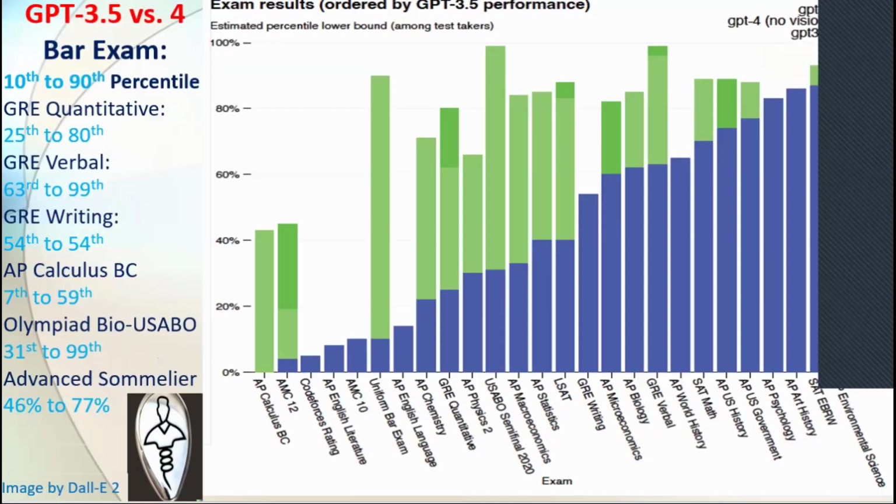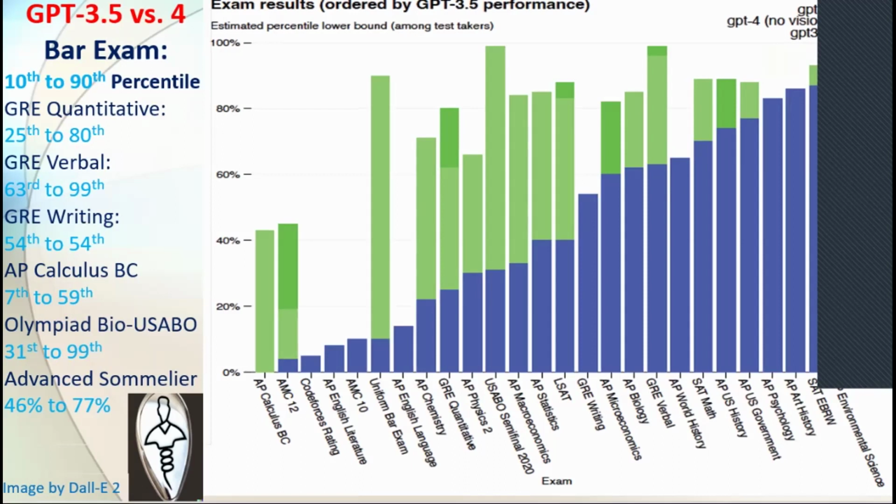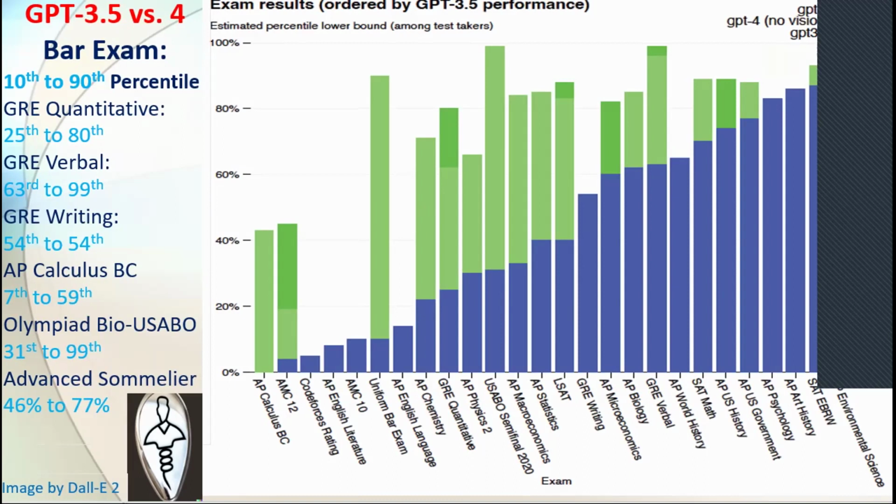You look at this chart, the blue is 3.5 and the green is GPT-4. By the way, the proper name is ChatGPT 3.5 and GPT-4. Some people call it ChatGPT-4. That's not quite correct, but that's a technical thing. People know what you're talking about. The bar exam went from the 10th percentile correct to 90th percentile when you went to 4.